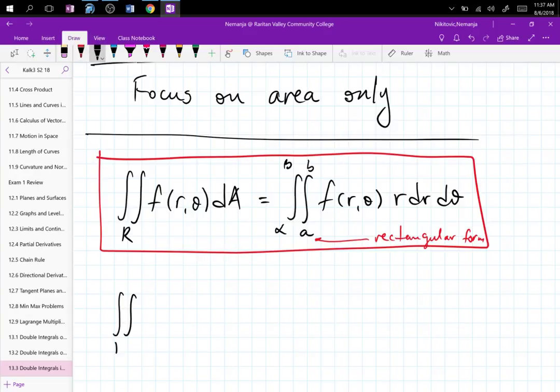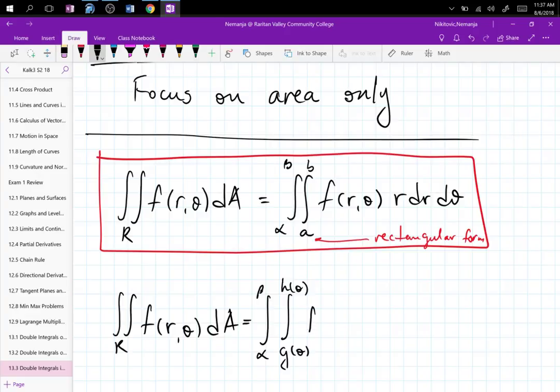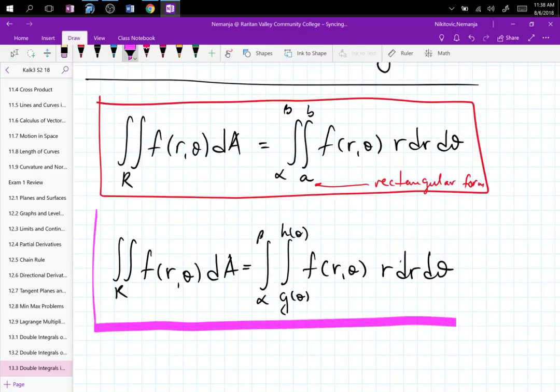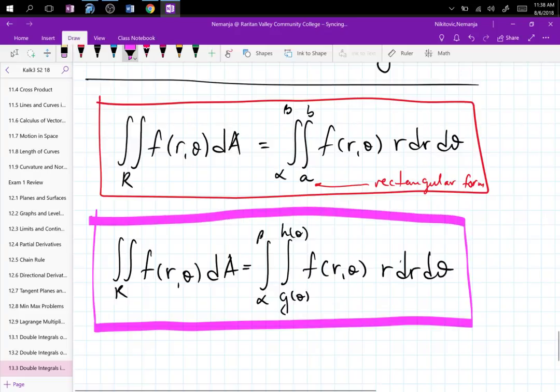Compare that to the double integral over region R of f(r, theta) dA, which is the integral from alpha to beta, and now functions g and h of theta, of f(r, theta) r dr d theta, for the general. Let's be more dramatic over here, right?